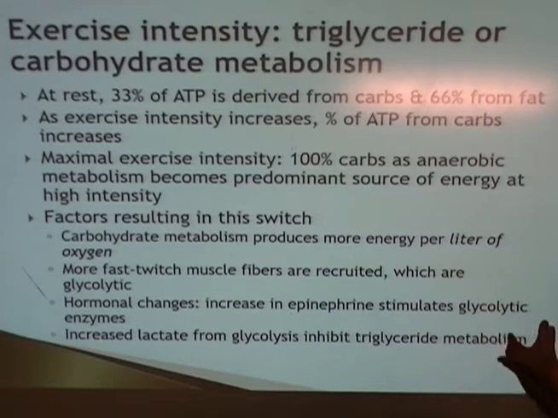is the idea that the harder we start working, and we'll go into this in a lot more detail in the new book, I think it's chapter 5, when we look at the muscular system. The harder I work, the more fast twitch or type 2 muscle fibers we use.